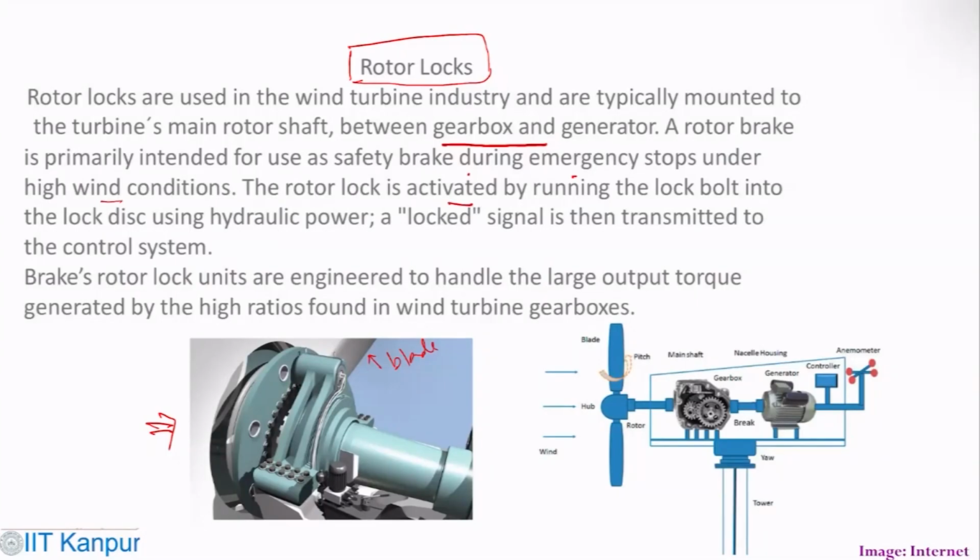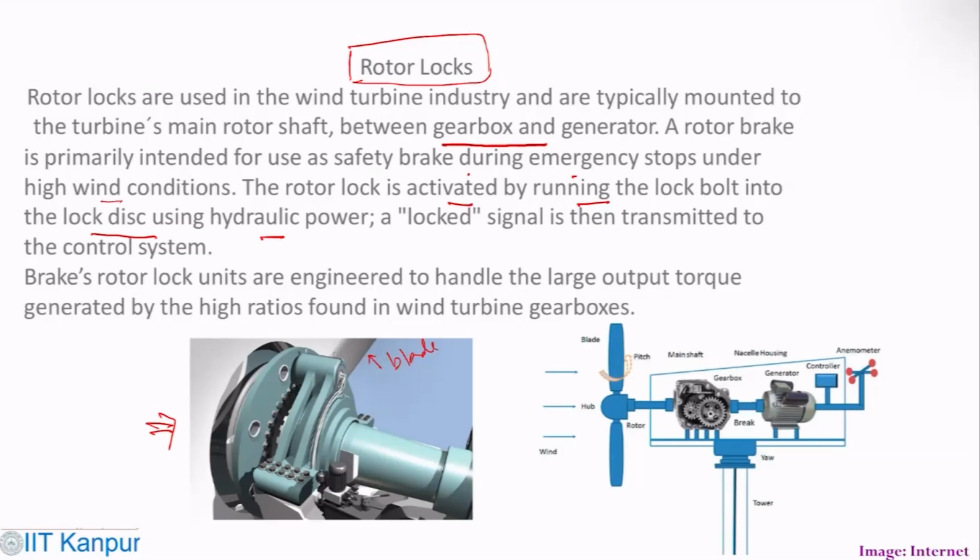It is activated by running the lock bolt into the lock disc using hydraulic power. Since it is hydraulically controlled, the lock signal goes to the control system, and the control system applies the lock and the brake and whatever emergency measures are needed so that the rotor rotation can be stopped.